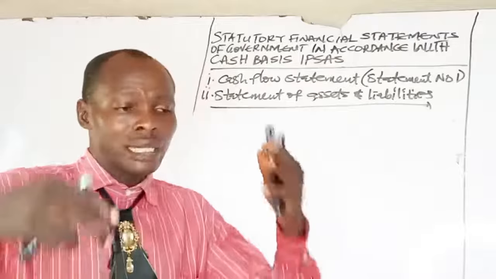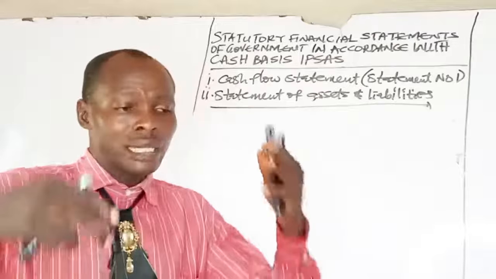Let me have this as B. Then you have your A plus B. A plus B will give us total assets.